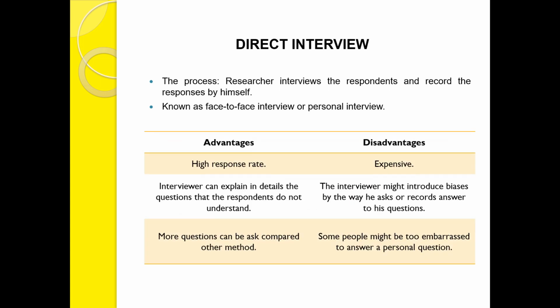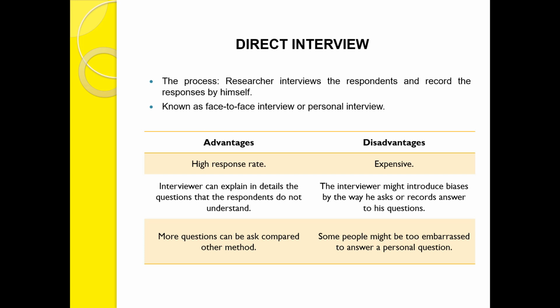Look at the advantage by using direct interview as data collection method. First, of course, obtain higher percentage of response. Second, interviewer can clarify any terms that are not understood by the respondent. Third, the interviewer can ask a lot of questions.